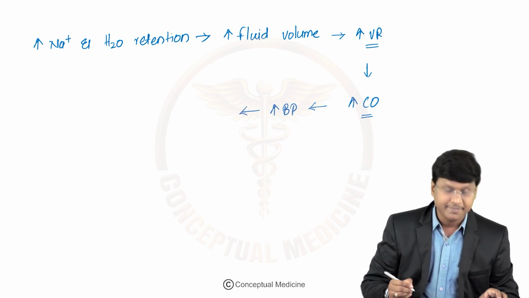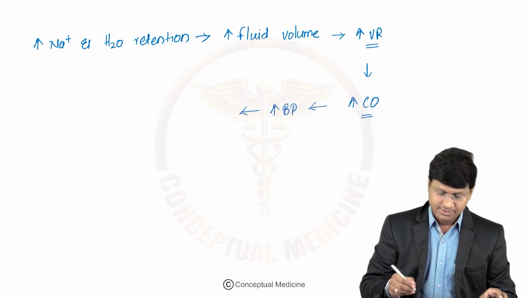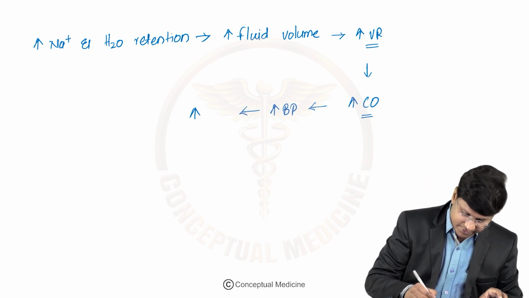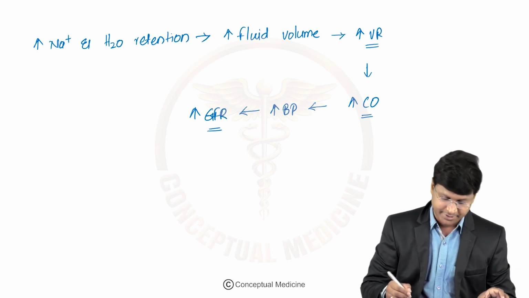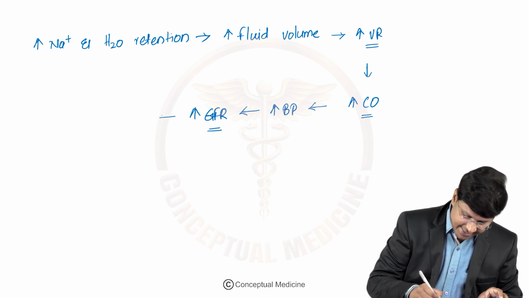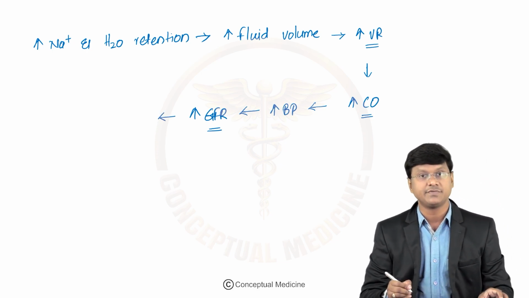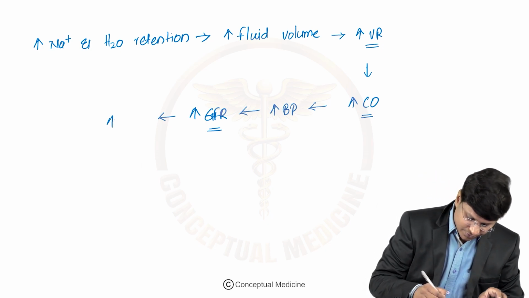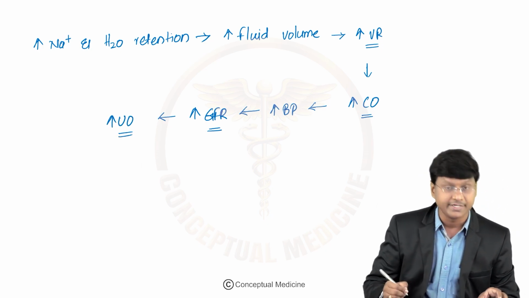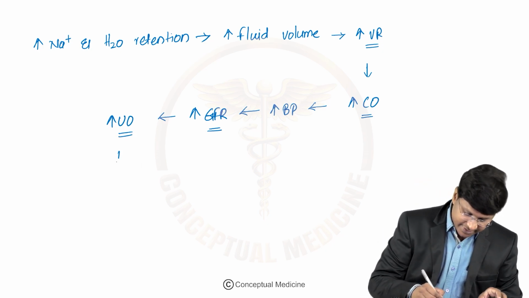As the blood pressure of the individual increases, there will be increase in the glomerular filtration rate. Now, as the glomerular filtration rate of the individual increases, please remember, there will be also increase in the urine output of the individual, and that will make the individual to develop what is called polyuria.